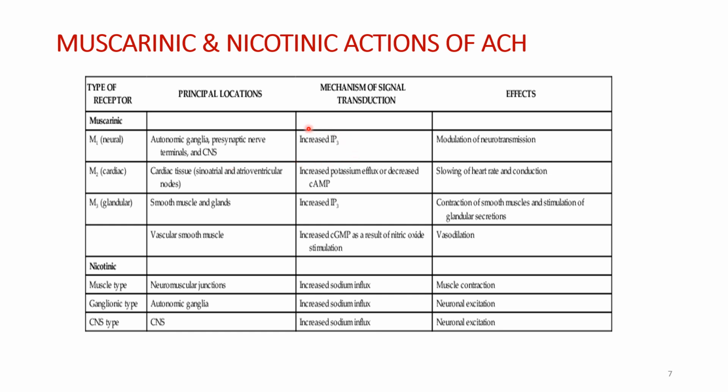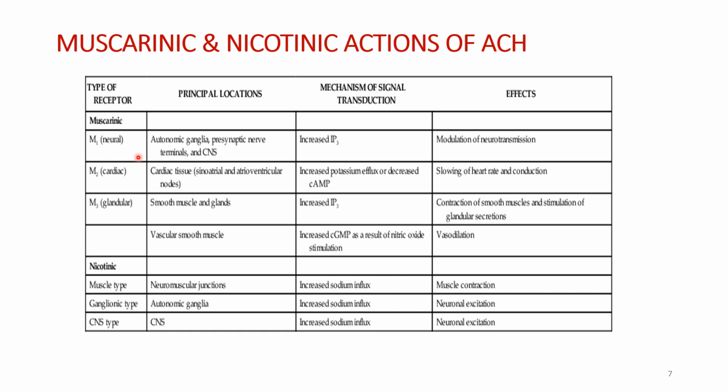They cause increased inositol triphosphate, and the effect is modulation of neurotransmission. So M1 receptors are present in the central nervous system, autonomic ganglia and presynaptic nerve terminals, and they act through the IP3 mechanism.